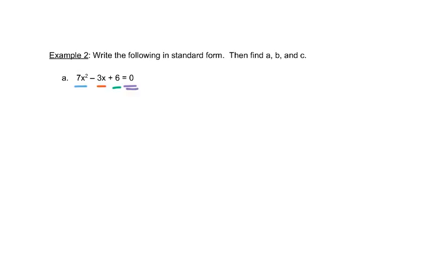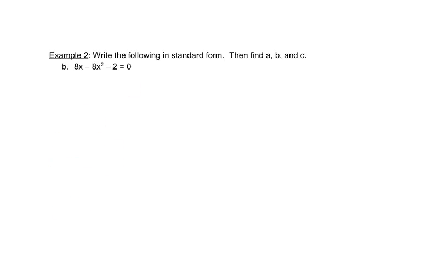So then A is the number that's in front of the x squared, B is the number that's in front of the x, and we need to include the sign with it, and C is a number that doesn't have an x, the constant.